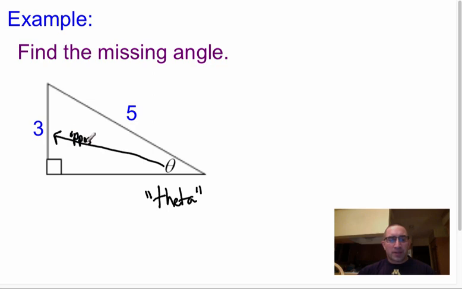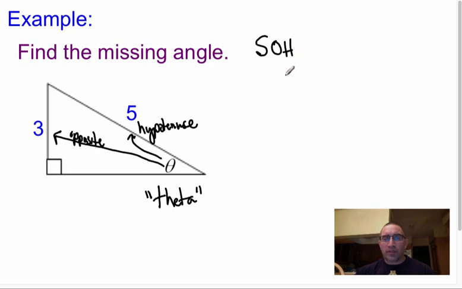That's the opposite side, and the one over here is the hypotenuse. So opposite over hypotenuse, that is the SO in SOHCAHTOA, the sine of theta equals 3 over 5. I know the sine of theta is 0.6.